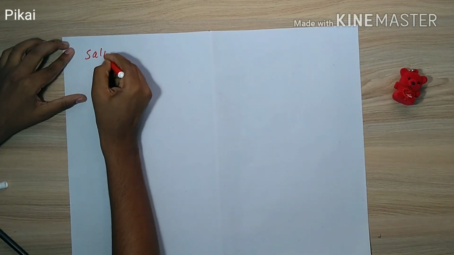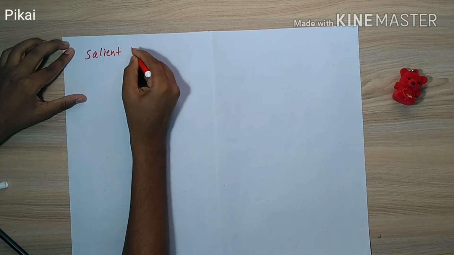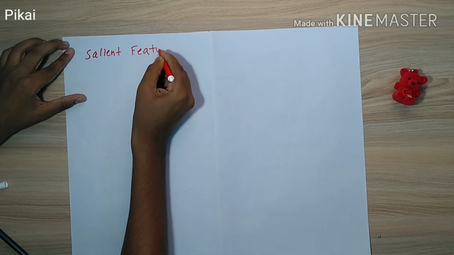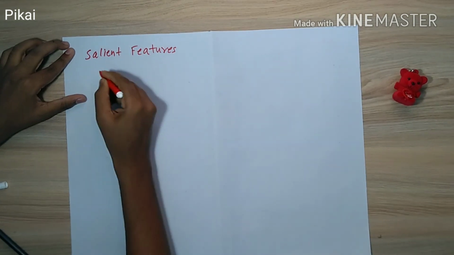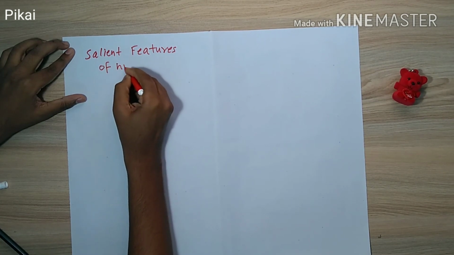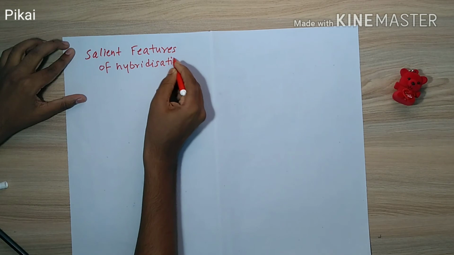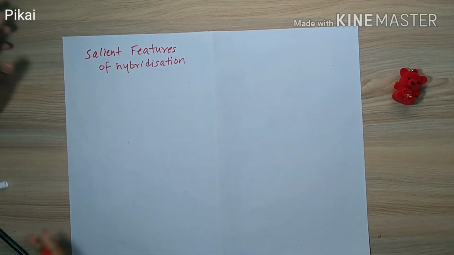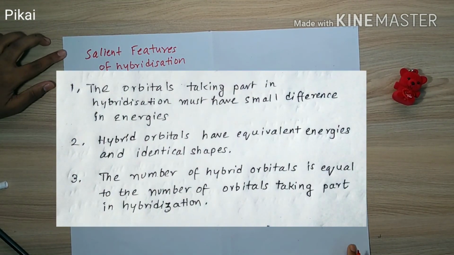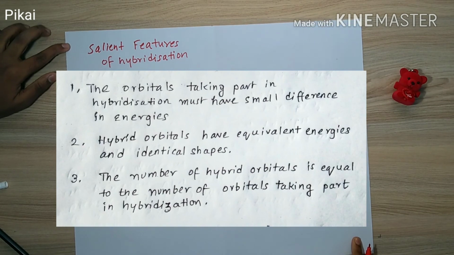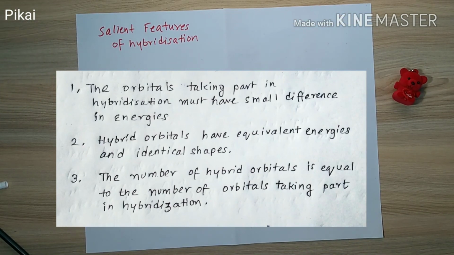But we also have some salient features. What we have learned in hybridization is that mixing of orbitals happens to attain an intermediate orbital set, and it also explains the formation of carbon compounds like ethane and methane, and how carbon attains a valency of 4, which was contradicted by the valence bond theory.